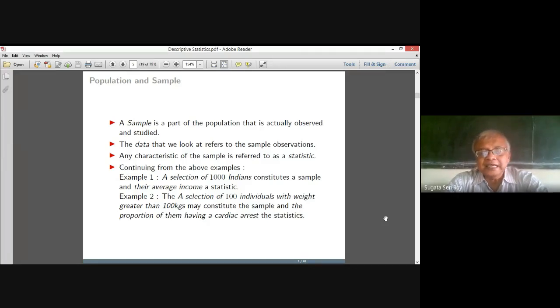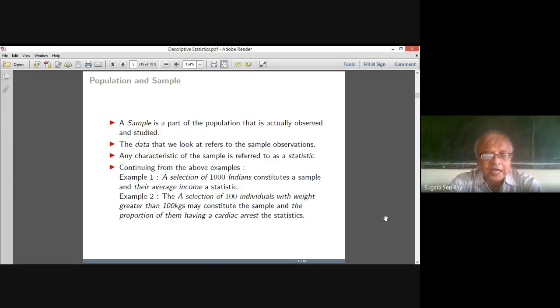Similarly, for the second case, I think I've made a mistake here. A selection of 100 individuals with weights greater than 100 kgs. There can be a large number of individuals with weight more than 100 kgs. We just select 100 of them and look at how many of them have had a cardiac arrest.